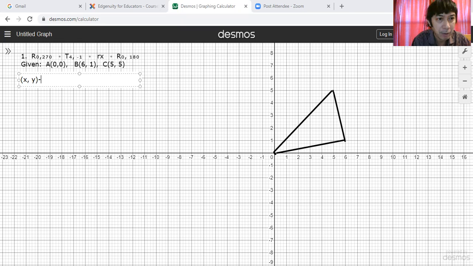And then this will be the rule. For rotation about the origin, 180 degrees out of phase, we don't really interchange the x and y. We will just reverse the signs. So this will be -x and -y, like that.